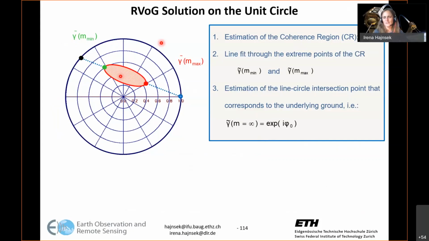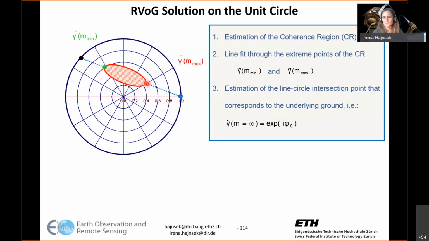So all the coherence points lie in this kind of region, depending on the structure that we have, right? And having this area, we can now define the minimum and maximum points, gamma M min and gamma M max, which are important.